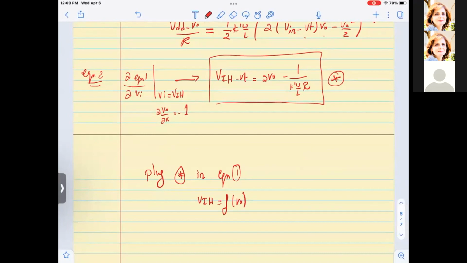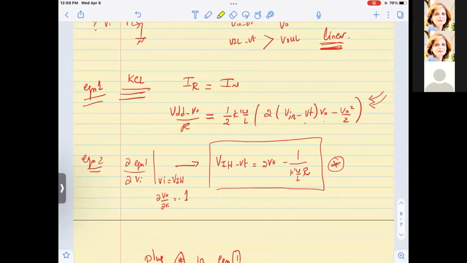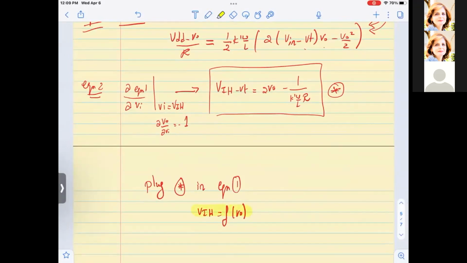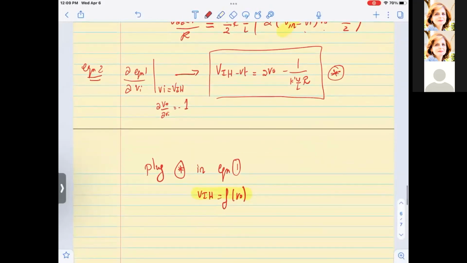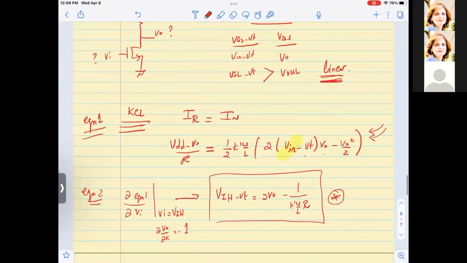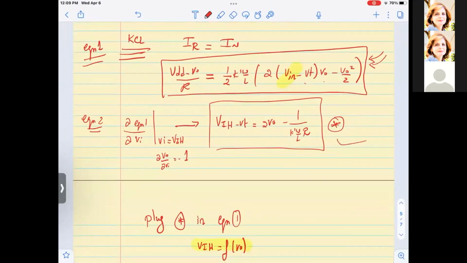When I get VIH as a function of VO, I put it here and solve for VO, so it becomes 1 equation, 1 unknown. Okay, this gives me 1 equation 1 unknown. So it's a bit convoluted. Okay, the most important thing is that you can know how we got it. This is very important. And then you can use star here.